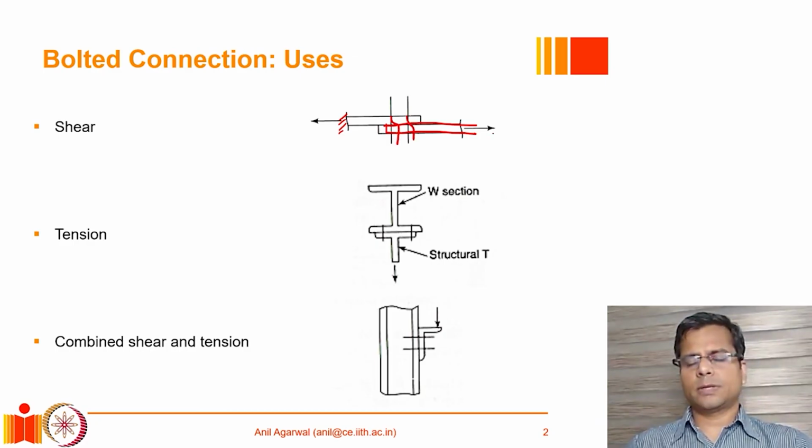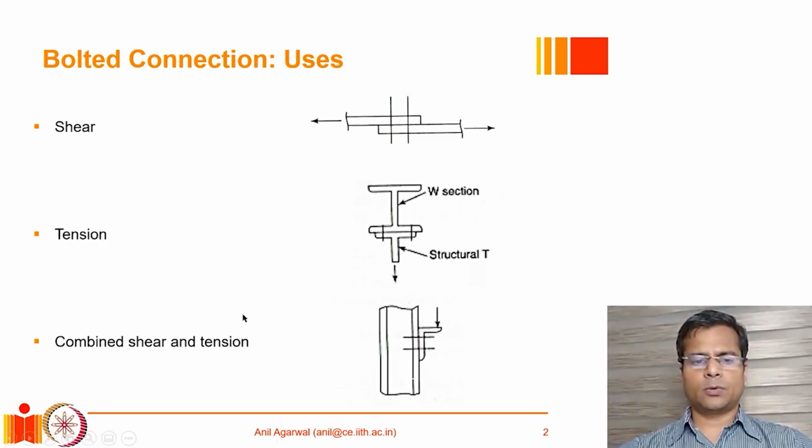So if the bolt diameter is not ignored, then this is the original shank size of the bolt, and once it is undergoing shear, it is deforming into this shape, which is primarily a shear failure mode. So this kind of bolted connection would be called one where the bolt is subjected to shear force demand.